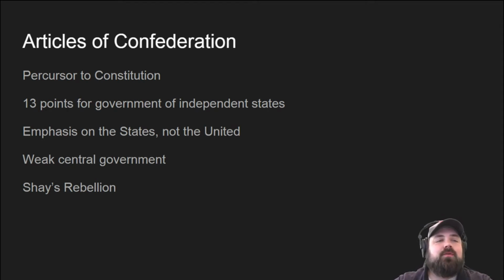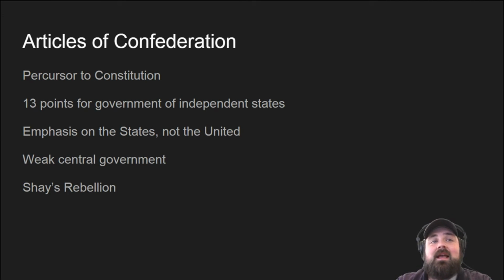Articles 9 and 10 say exactly how Congress should function and what it can specifically do. Article 11, oddly enough, said that if Quebec decided to ever join the United States, it gets free admittance, or really Canada gets free admittance. That's pretty nifty.